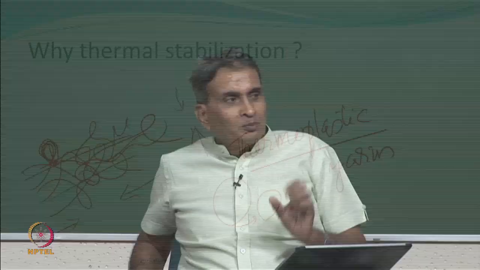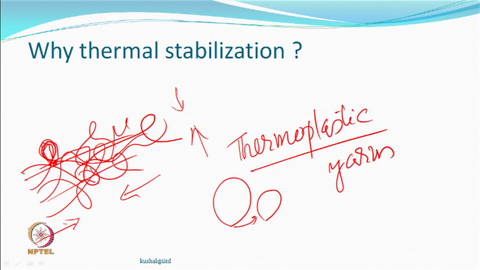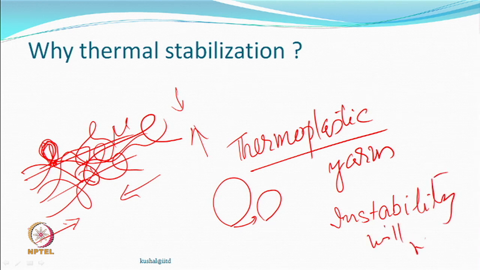The larger loops can become small, the yarn overall can shrink, the entanglements can become tighter, and so instability will reduce. So, instability reduces. This is a good thing to happen from the customer point of view and therefore, for the person who is a manufacturer also.